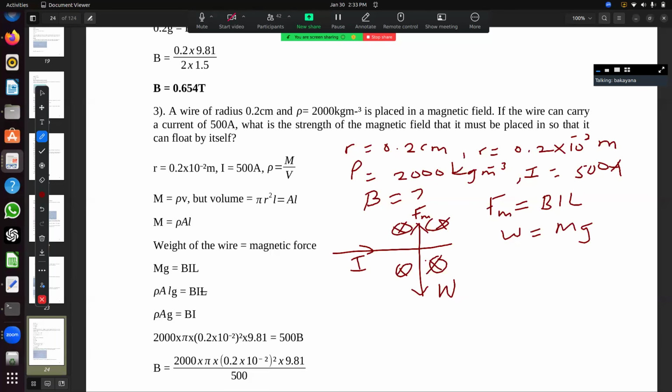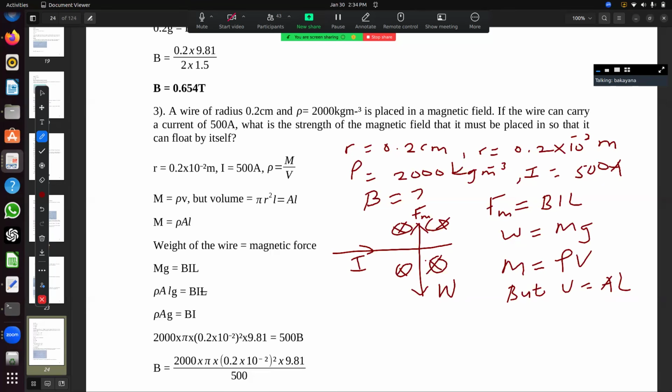But from the information that we are given, mass is not given, but we know that mass is density times volume, not so? Density times volume, but also we know that volume can be cross-sectional area times length.